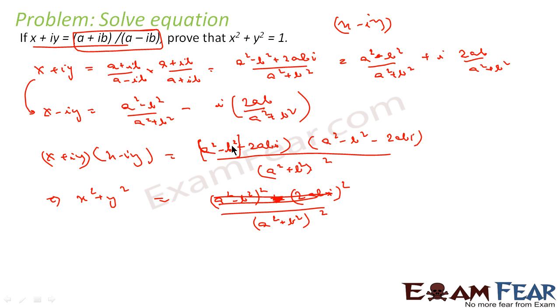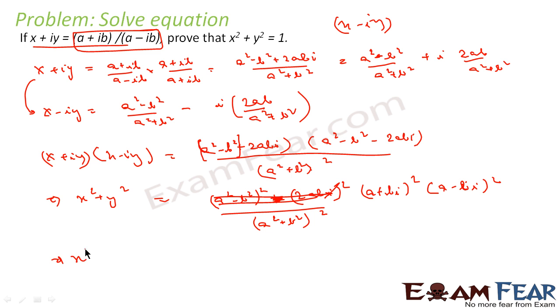We could have also said it like this to simplify the problem. We know that a square minus b square minus 2abi is nothing but a minus bi whole square, because a minus bi whole square is equal to a square minus b square minus 2abi, and a plus bi whole square is equal to a square minus b square plus 2abi.